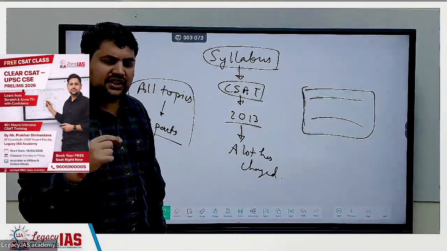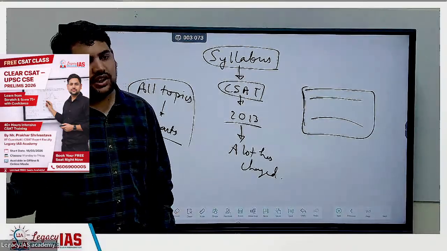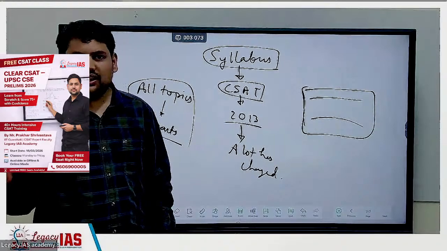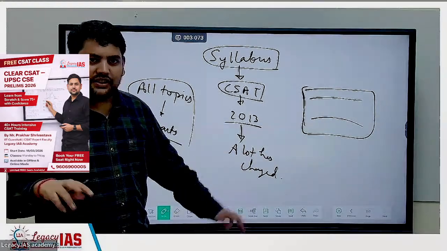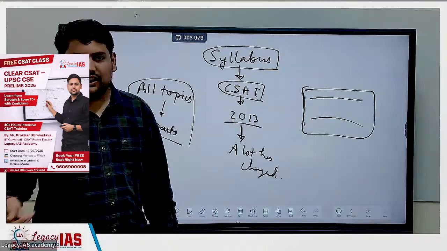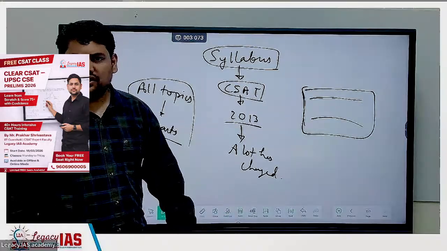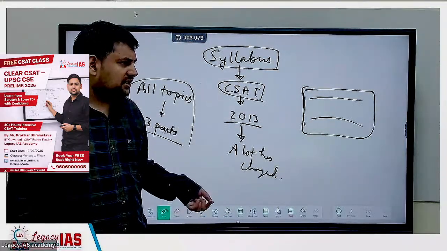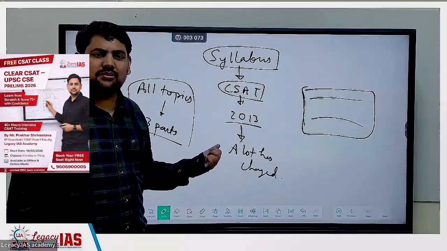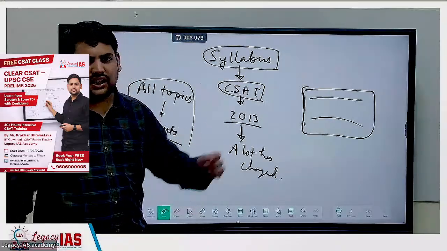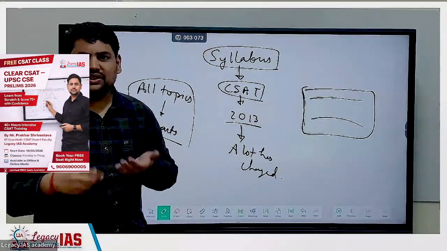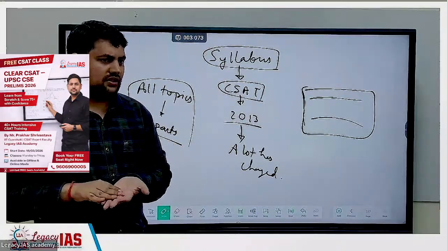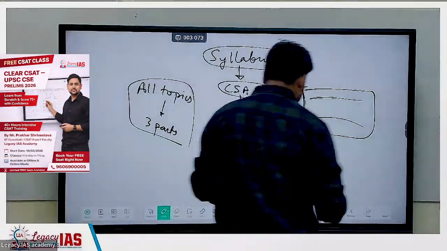The syllabus just says arithmetic and numerical ability, logical reasoning ability, reading comprehension ability, decision making ability, data interpretation, like this. They have not listed the chapters. Chapters are listed by us only, while analyzing the papers to see from which chapters they are asking questions.